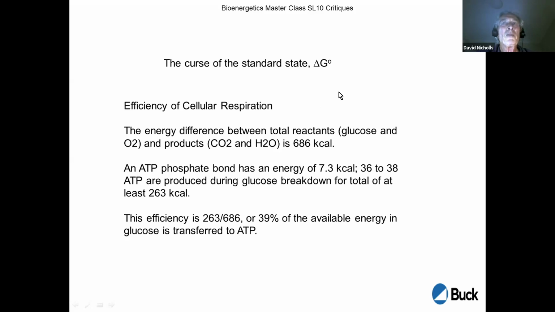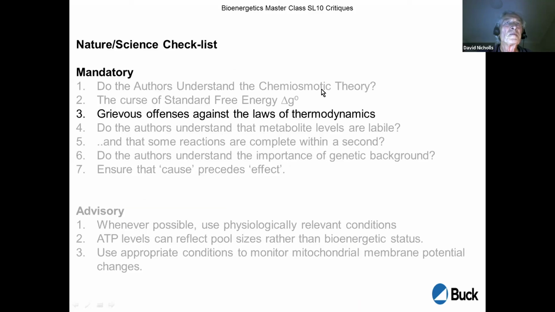And the one thing you're going to come away from this course with is never, ever using standard free energies for anything other than the logarithm of the equilibrium constant. Grievous offences against the laws of thermodynamics. As I said in my thermodynamics lecture, essentially equilibrium thermodynamics cannot prove a mechanism, but it can absolutely disprove a mechanism.